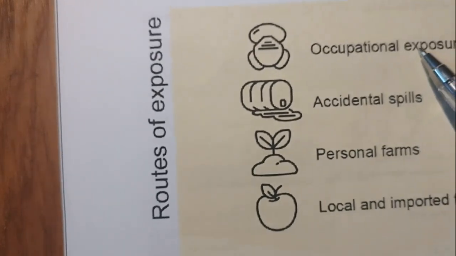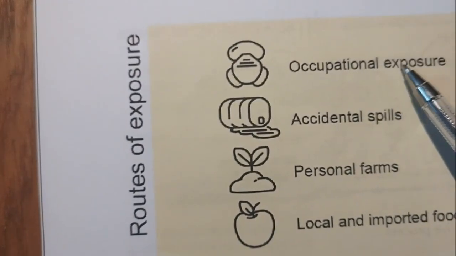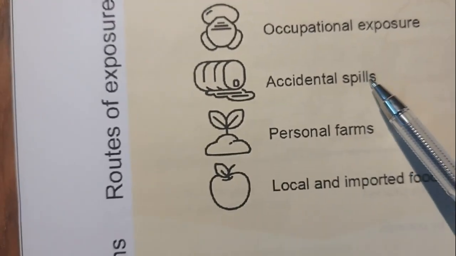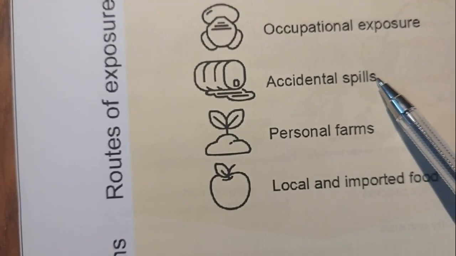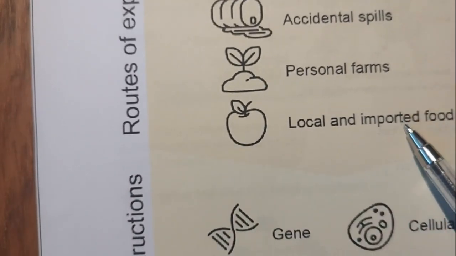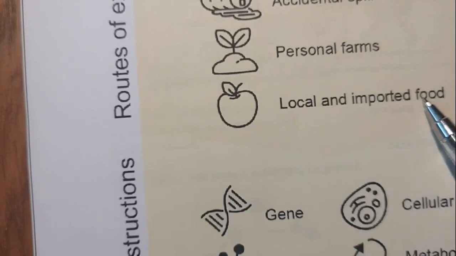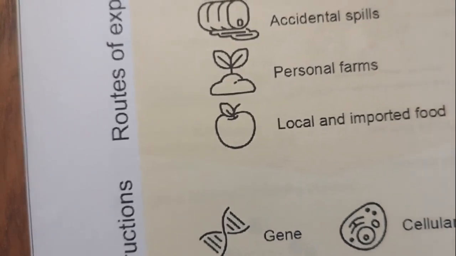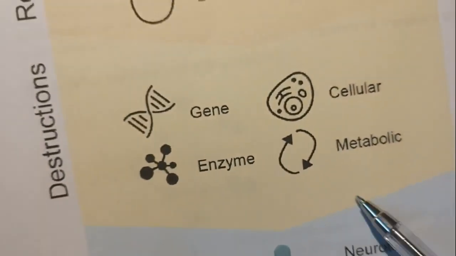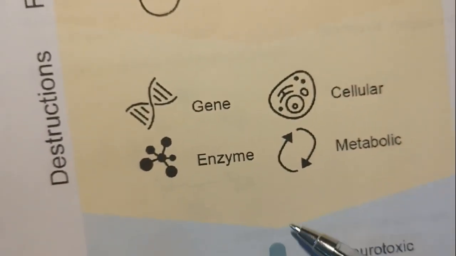The routes of exposure: occupational, such as in farmers when they inhale or come in contact with pesticides. Accidental spills can happen in shops, industries, or again at farming locations. And the food that we eat can expose us to pesticide-polluted products.